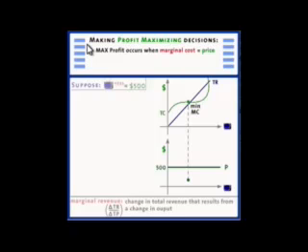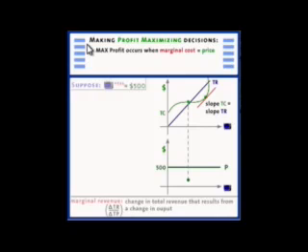Now, two other points that I want to notice. First of all, this point right here, this output level, in our last lecture we called this output level Y star. This is an output level at which the slope of the total cost curve is the same as the slope of the total revenue curve. This is an output level at which price is equal to marginal cost. So marginal cost at this point will be equal to price.